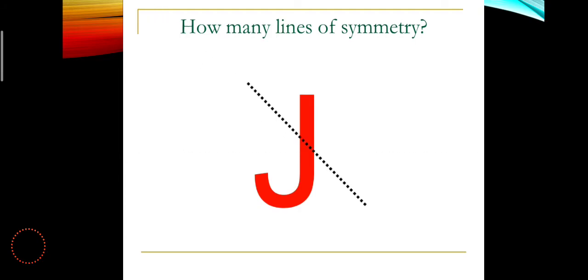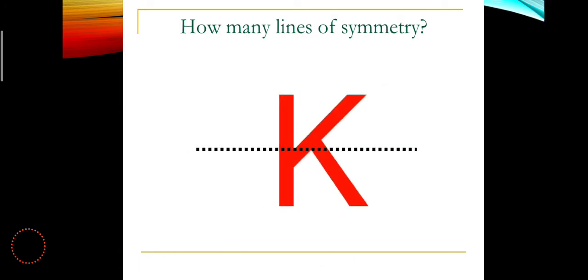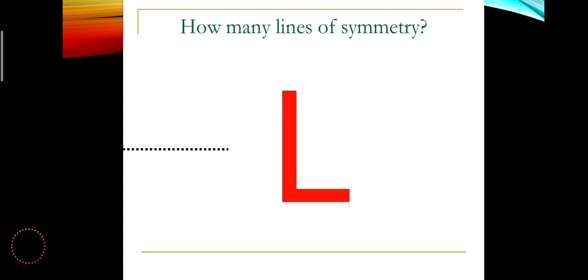J, not possible, all the 4 ways you try, not possible, right? So J has no line of symmetry. K, again not possible. All the 4 ways we tried, no line of symmetry. For L, again we tried all 4 ways, no line of symmetry.